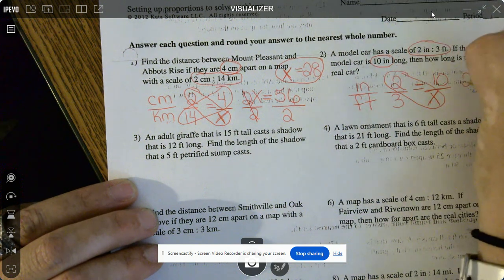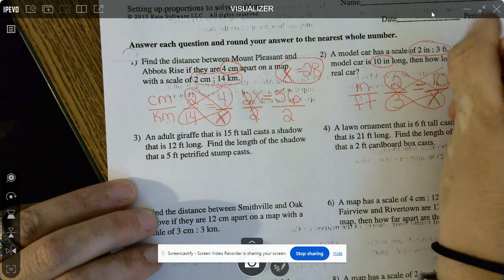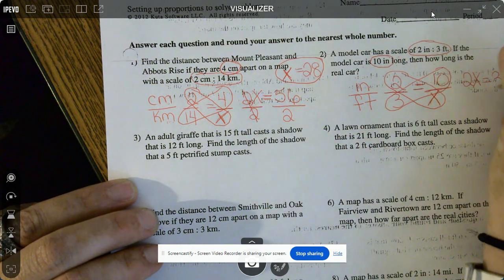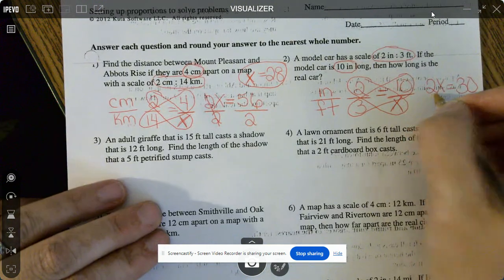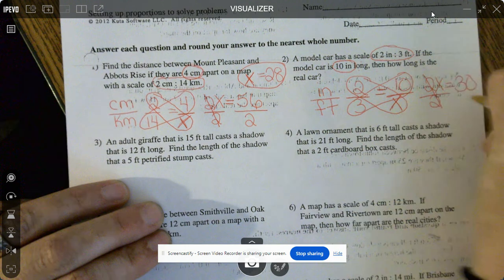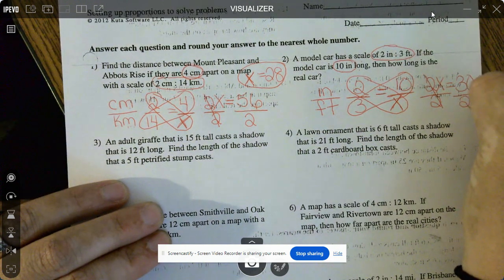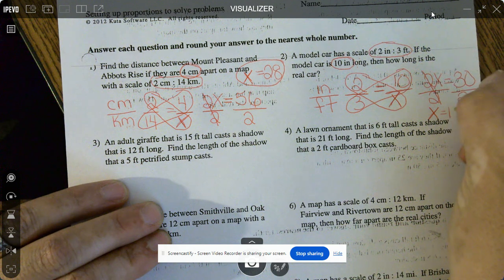So we have 2x equals 10 times 3, which gives you 30. To get x by itself, we divide by 2 because it's the opposite of multiplication, and whatever you do to one side, you have to do to the other. So x equals 15.